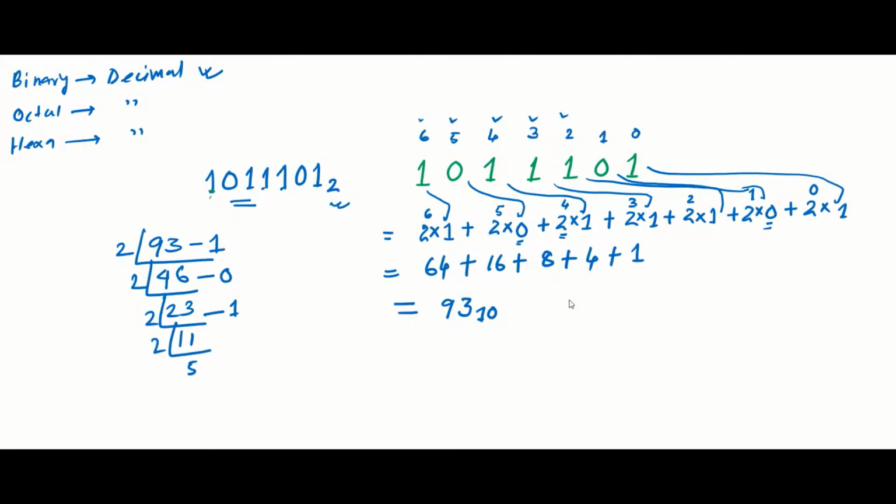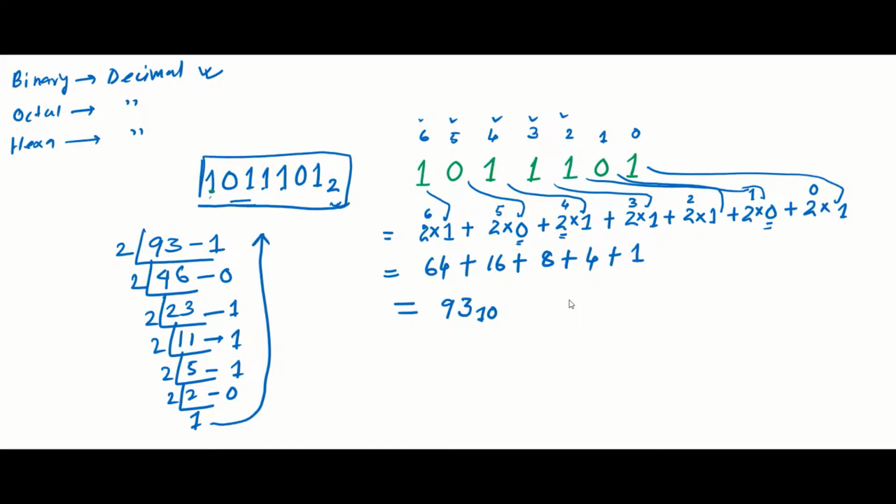Divided by 2, it becomes 5, remainder is also 1. Divided by 2, remainder is also 1, quotient is 2. Divided by 2, quotient is 1 and the remainder is 0. If you place these numbers from bottom to top, we get the number back: 1011101. So the process we followed is correct: 93 is the equivalent decimal number of this binary number.